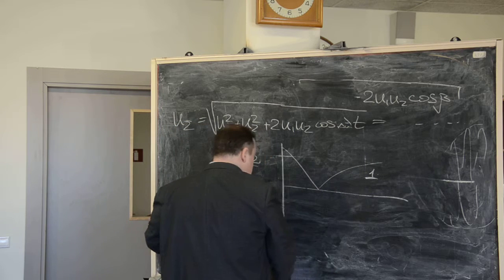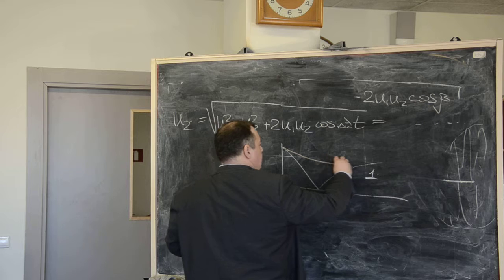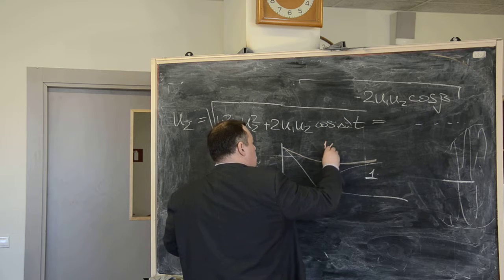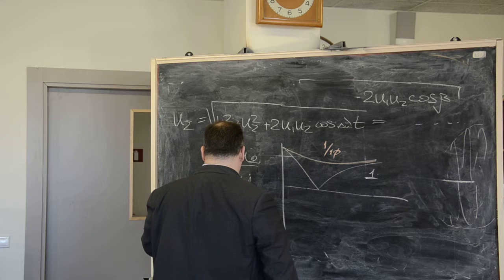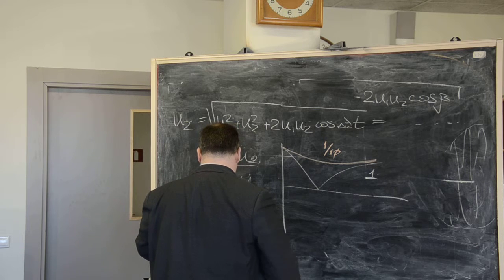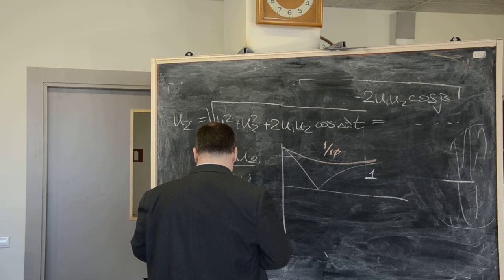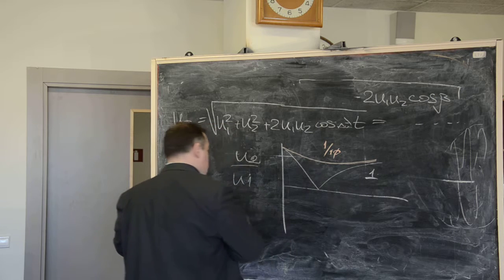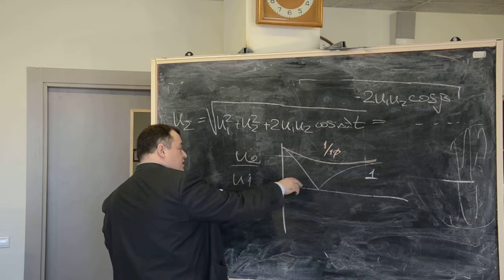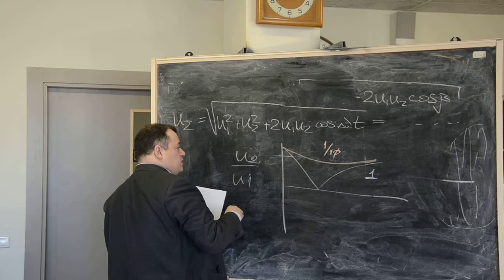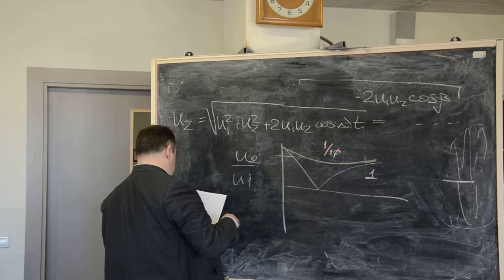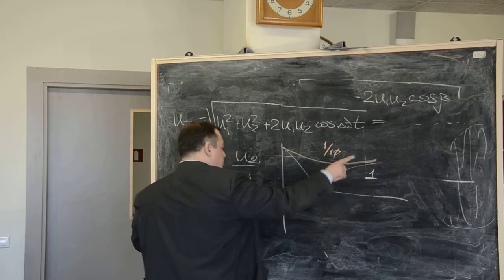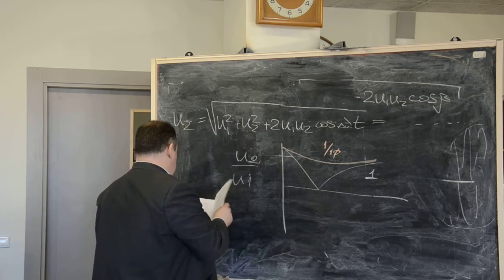Something like 1/10 will give us a very nice cosine. The bigger this relation, the higher the second voltage relative to the first one, the deeper this angle.